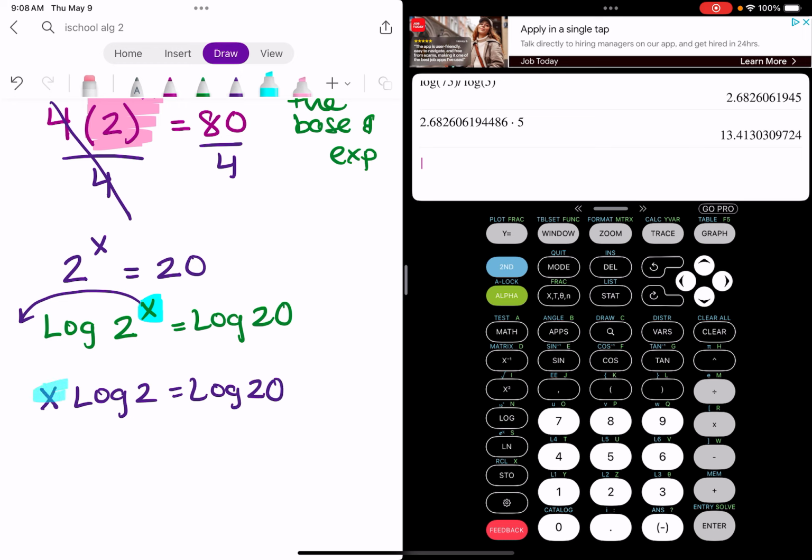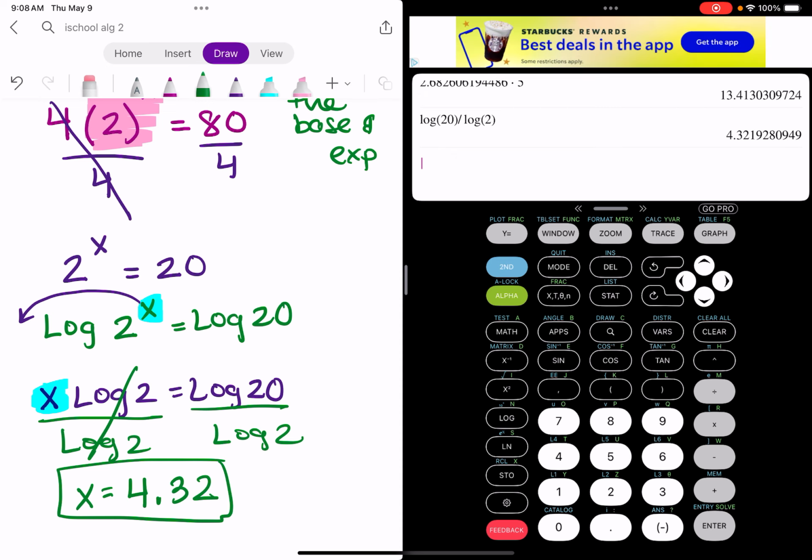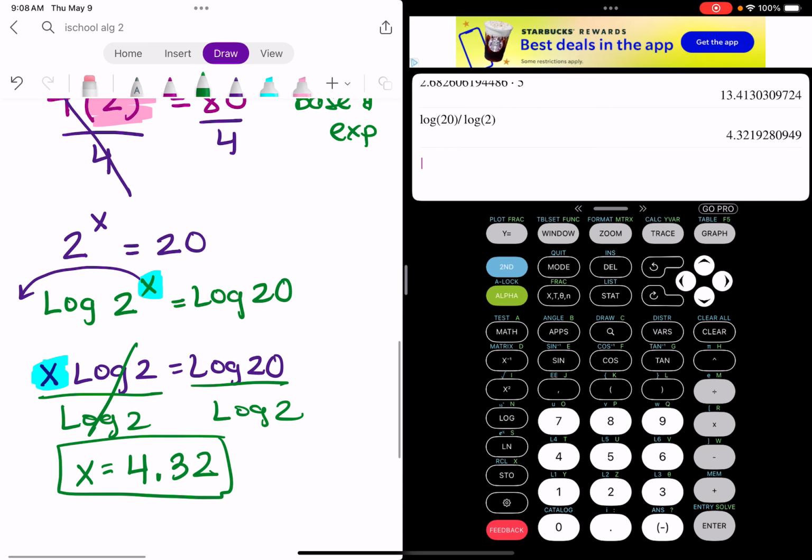Now I'm trying to solve for x, so I'm going to divide both sides by log 2. So I'm going to put this in my calculator. I have log 20 divided by log 2. If I hit enter, let's round to 2 decimal places, I'm going to get 4.32.